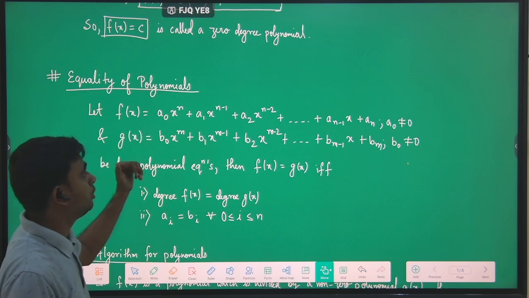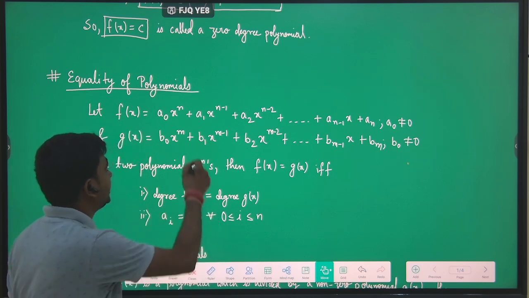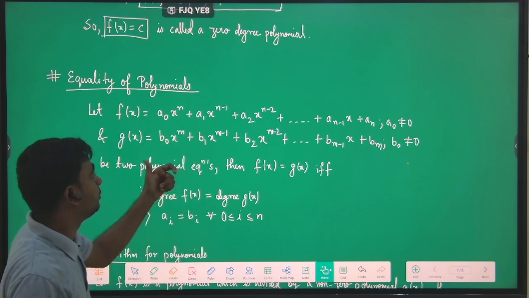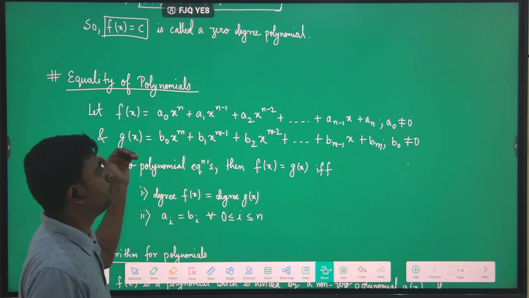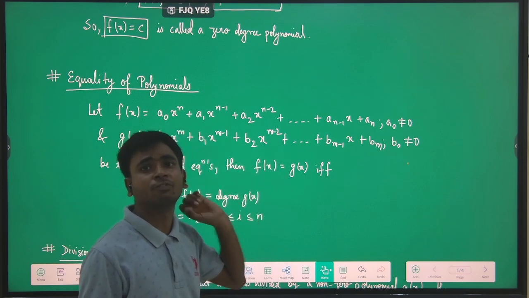We do not know the degree of f(x) and the degree of g(x). So to make them equal, what do we have to do? First of all, we have to make their degree equal. When the degrees are equal, both polynomials go up to the same number of terms.